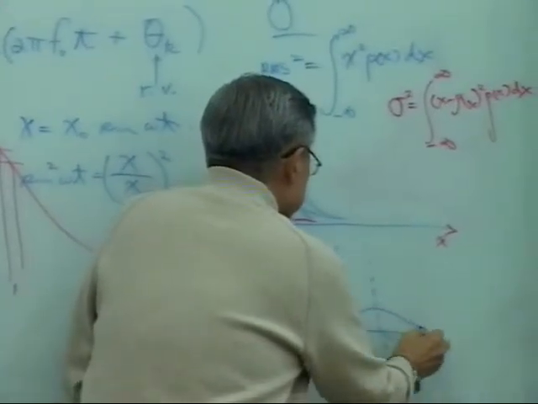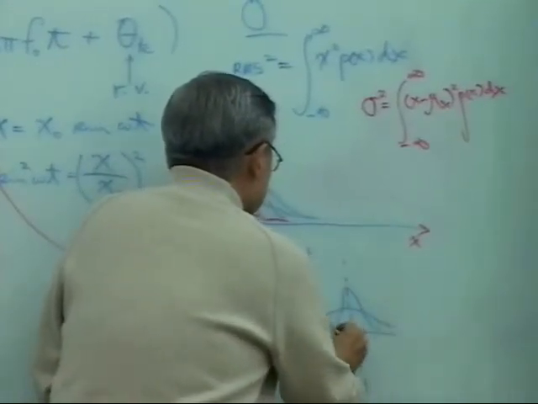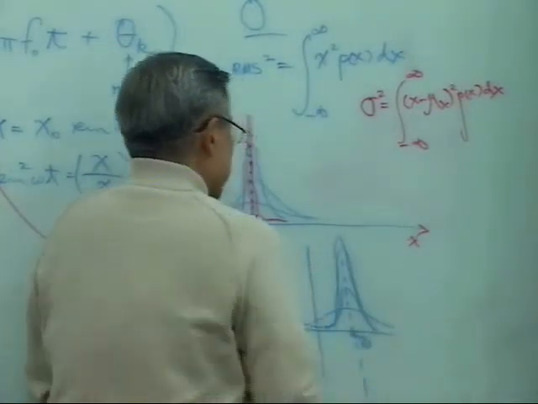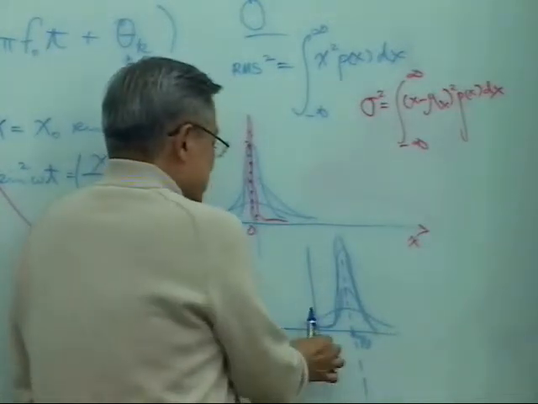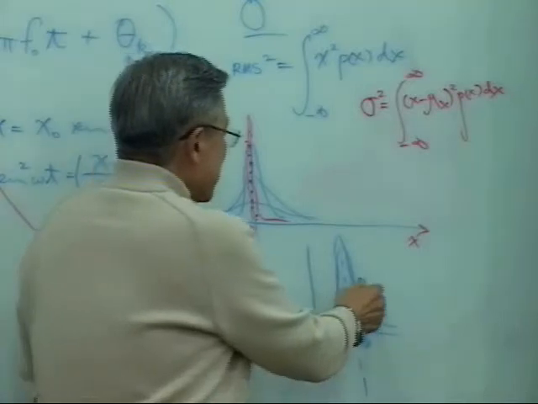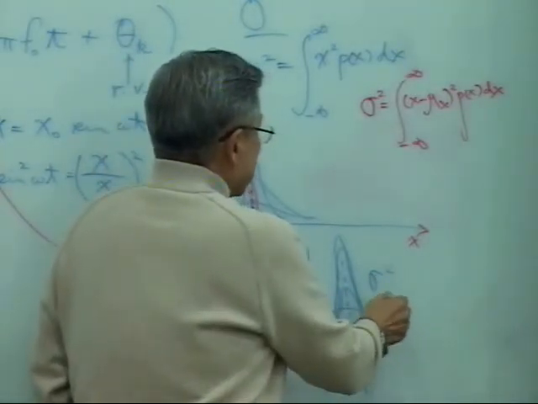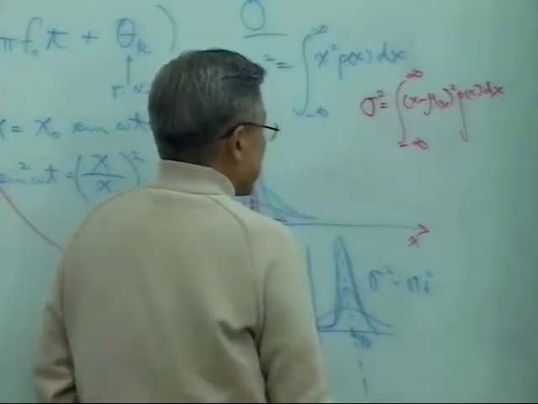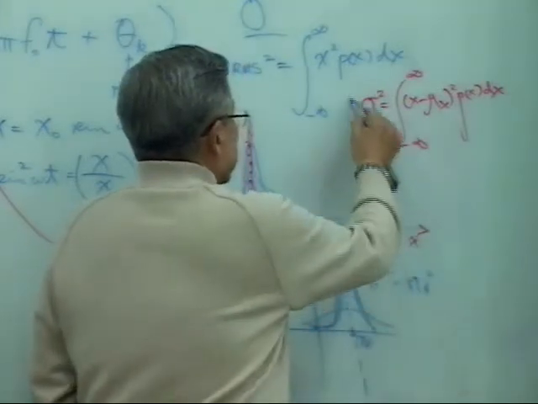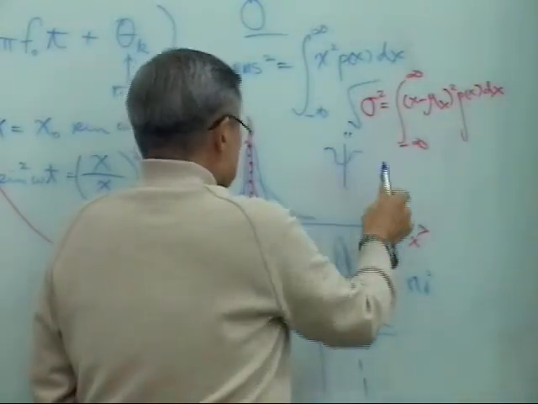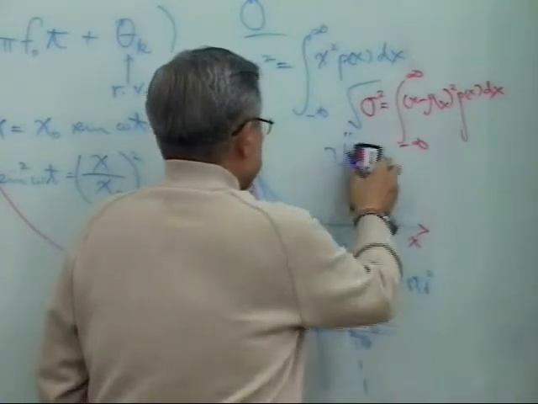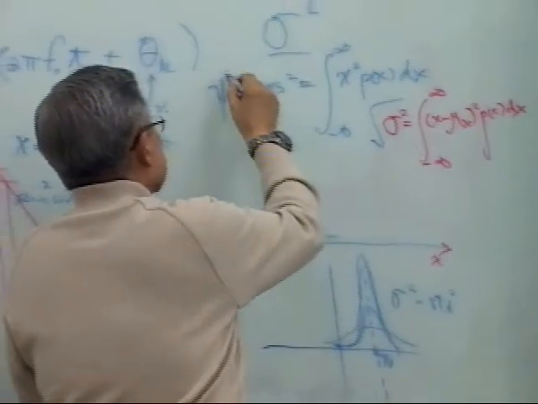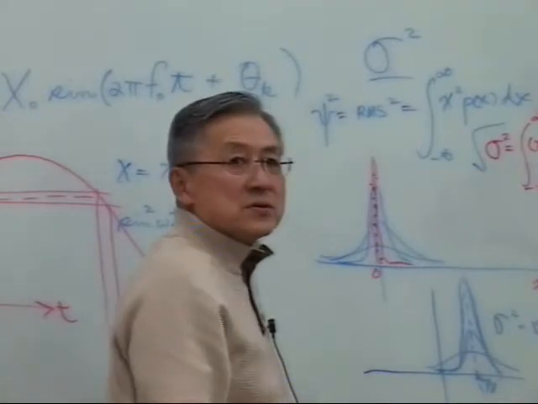Then you are talking about the dispersion about the mean, not zero. Dispersion about the mean value here, not here. It's shifted. So you are dealing here with sigma squared, which is the standard deviation squared. If you take the square root, notation-wise, I'm not using this psi. Psi is the usual notation, okay?